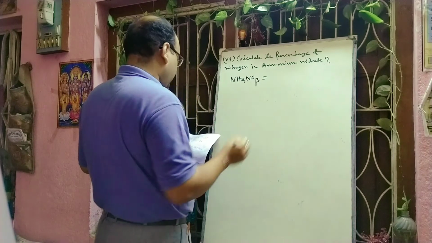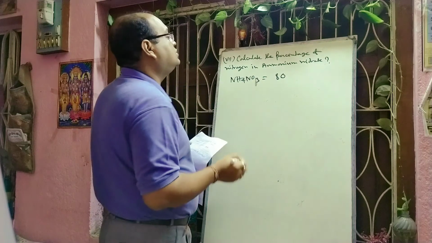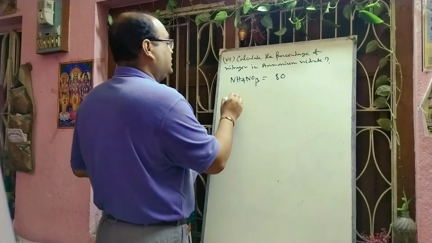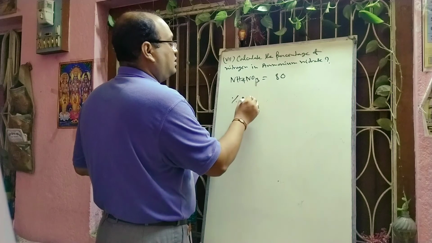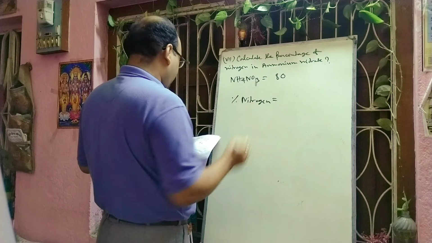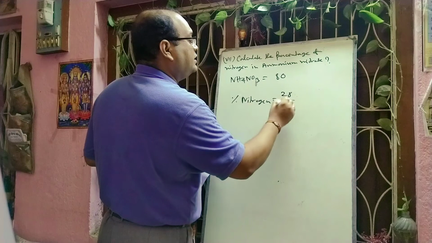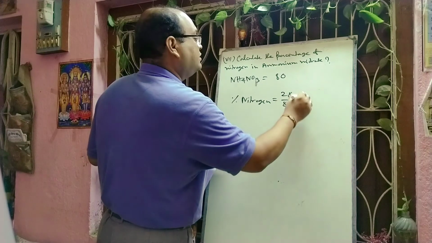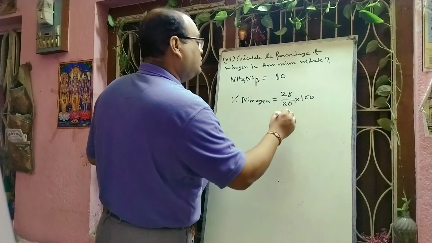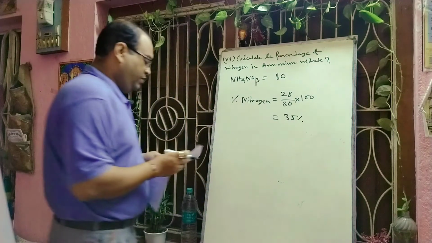If you calculate, you will get 80. So the percentage of nitrogen will be equal to 28 divided by 80 into 100, that will be equal to 35%. Hope you can understand.